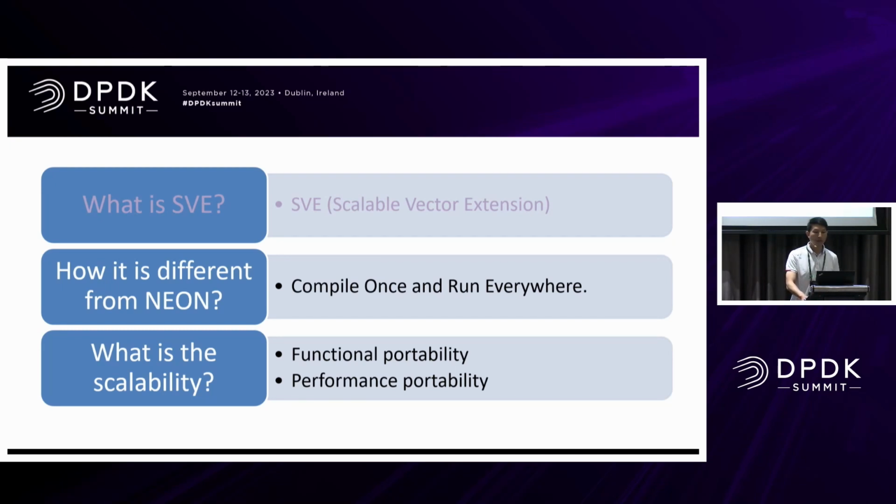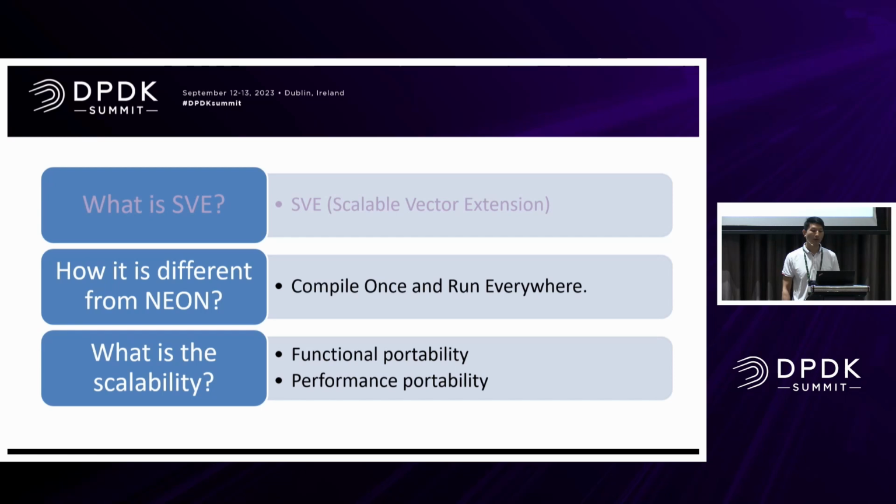Also, SVE is a scalable vector extension. So what is the scalable? I think it includes two things: functional scalability and performance scalability. From a functional perspective, it means the same program generates the same result on different hardware, regardless of the vector length on this hardware.